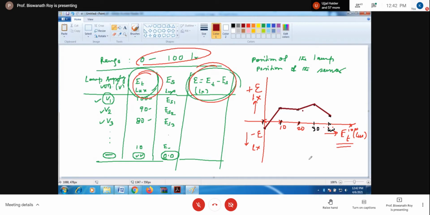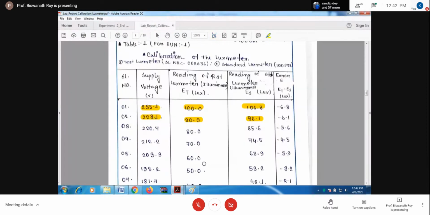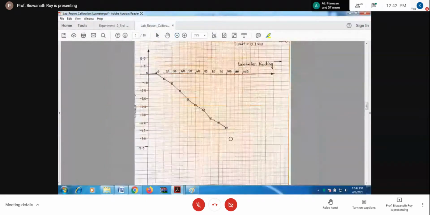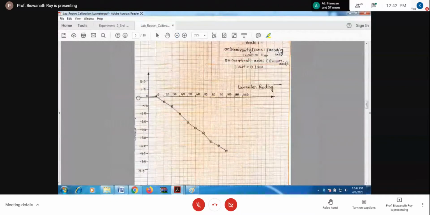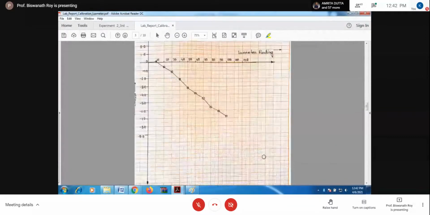So why is the calibration graph or chart necessary? The calibration chart is necessary to know the in-between error corresponding to the in-between values of tabulated data. Here also the calibration graph is plotted. From this data you see that all errors are on the negative side.